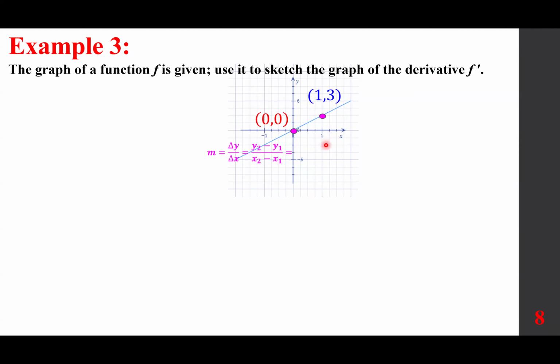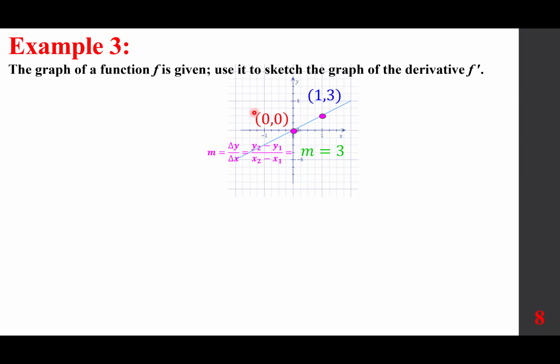Please understand this is 1. This is 6. The scale along the x and y don't have to be the same. So that's why it's 1, 3. So 3 minus 0 over 1 minus 0, the slope becomes 3.